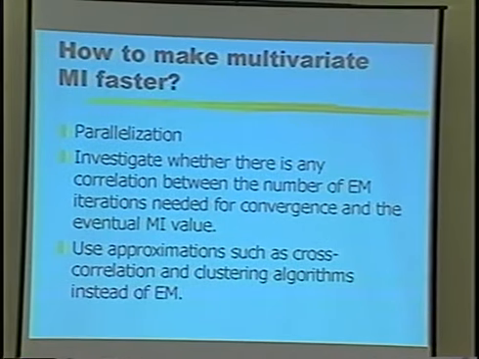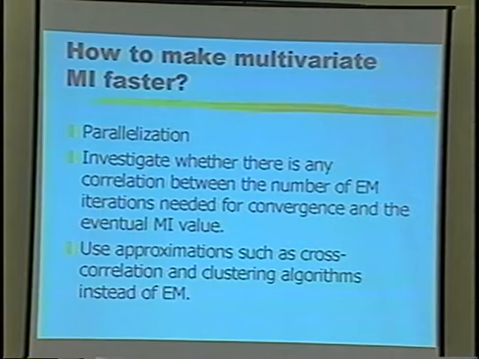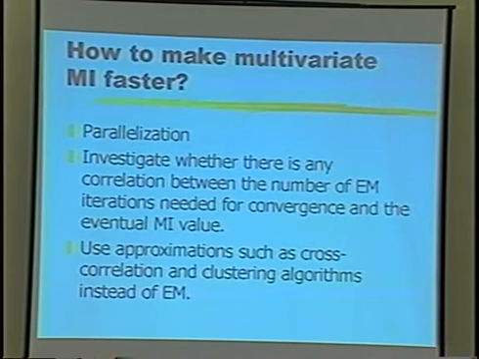So we have shown that multivariate MI calculation is really important theoretically, and we avoid the problems we have with the bivariate case.